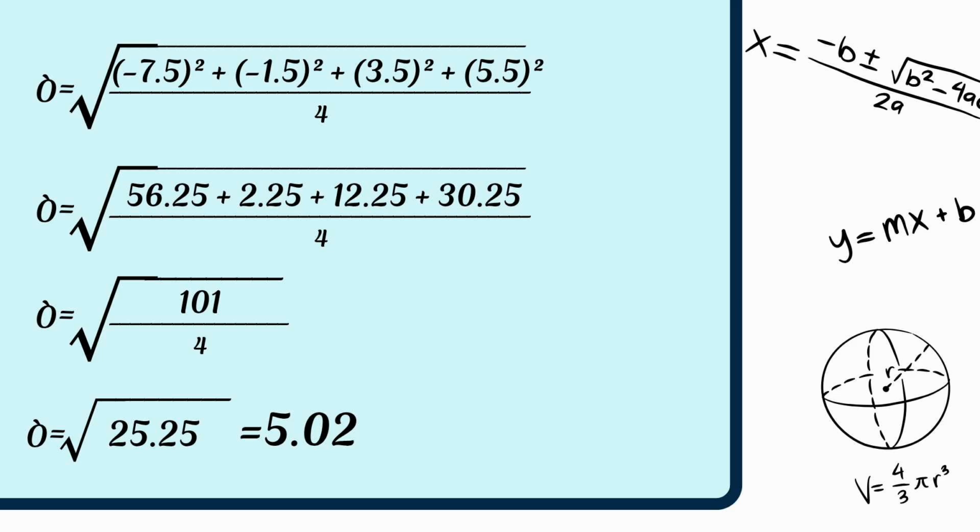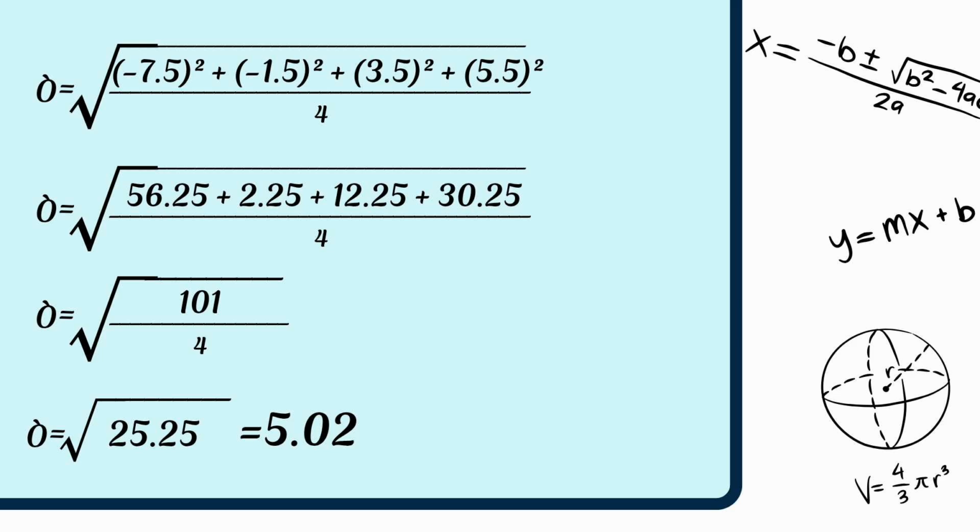Sum up these squared deviations. 56.25 plus 2.25 plus 12.25 plus 30.25 equals 101.